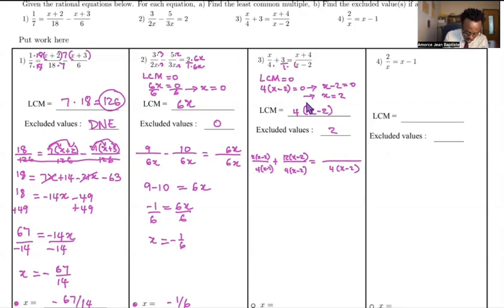So we would need to multiply by 4, right? So that's 4 times x plus 4 up here, and eliminate the denominators. Then we can go ahead and distribute this. That's x squared minus 2x. This one will be 12x minus 24.